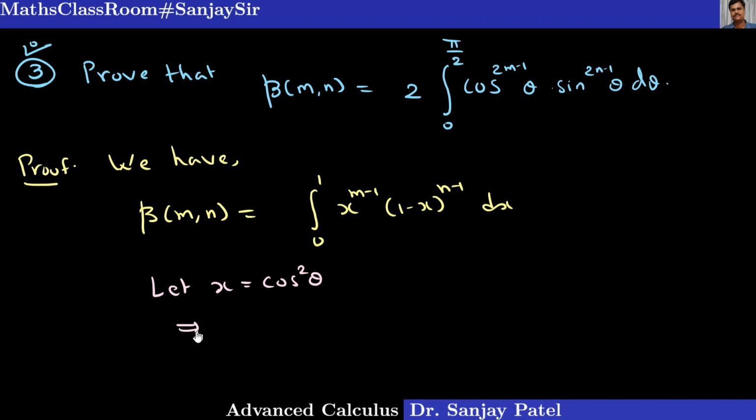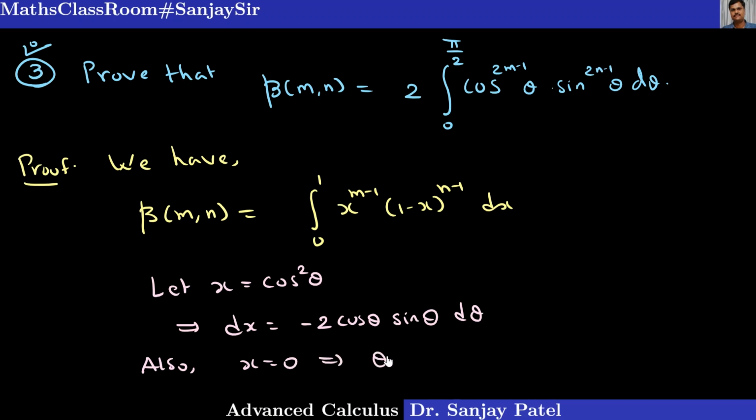So this implies I will get dx is equal to 2 cos theta, and the derivative of cos theta is minus sine theta, so I am writing that minus sign here, into d theta. Okay, and also when we have the lower limit x equal to 0, the corresponding value of theta is pi by 2.